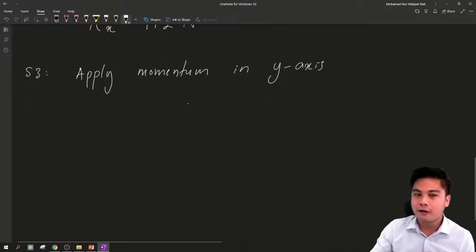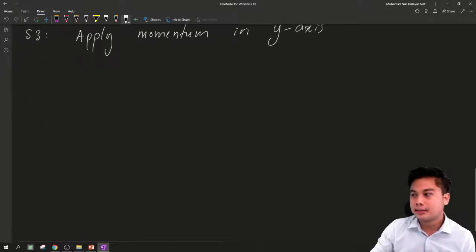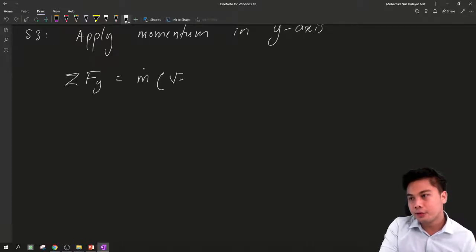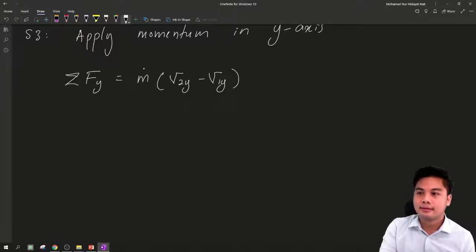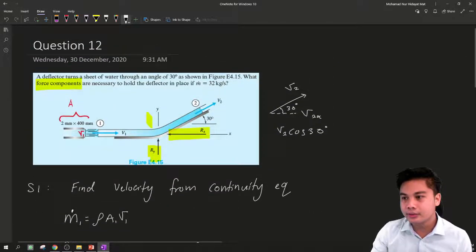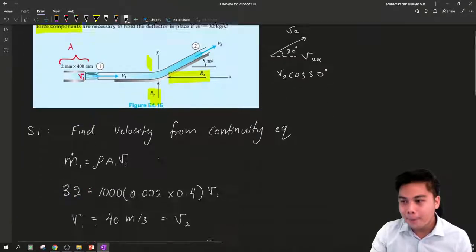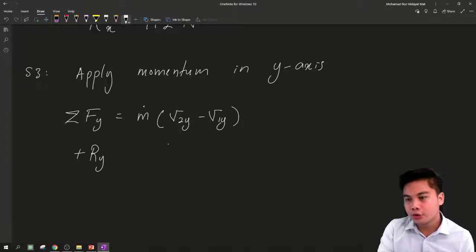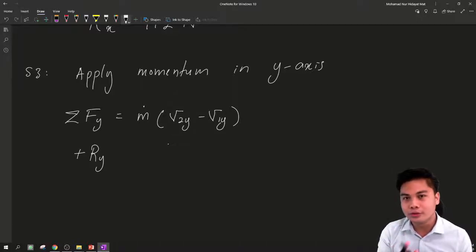The summation of force in the Y component equals mass flow rate times V2y minus V1y. Do we have any force in the vertical direction? Yes, we do. We have Ry pointing upward, which is positive. You also don't have to write the positive sign because everyone knows it is positive.